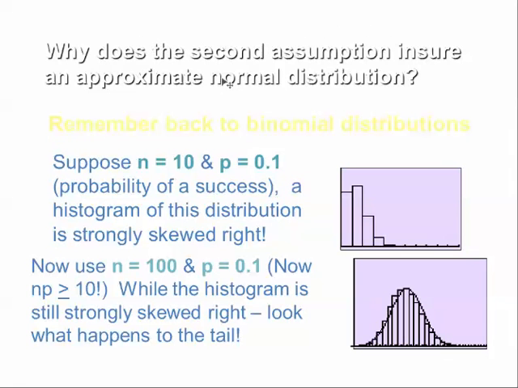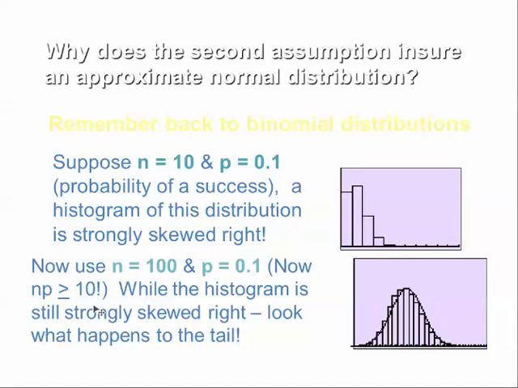Okay? Does the second assumption assure an appropriate normal distribution? Well, suppose that n is equal to 10 and your probability of success is equal to 0.1. A histogram of this distribution is strongly skewed to the right. See it right here? Now use n equal 100 and p equal to 0.1.